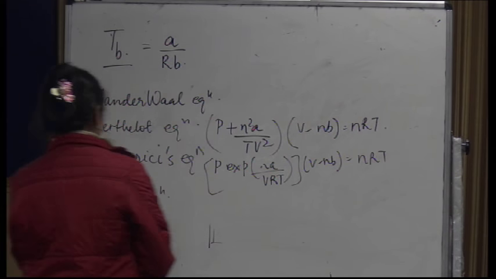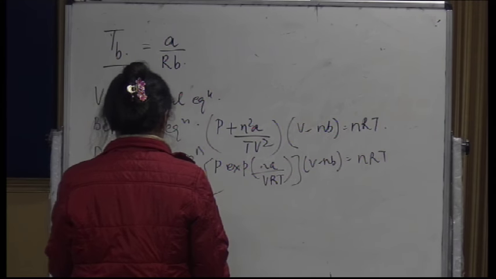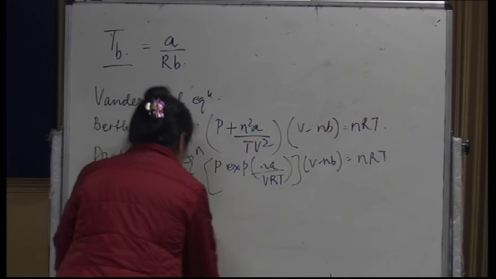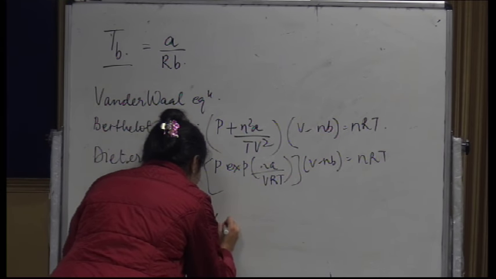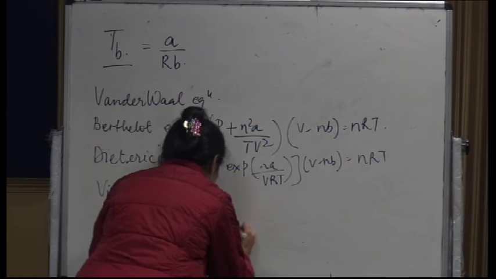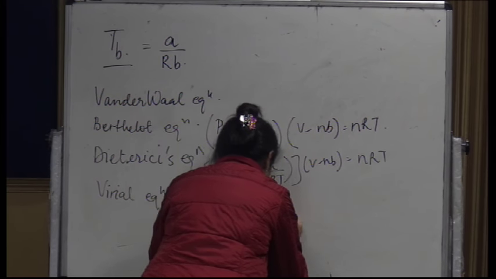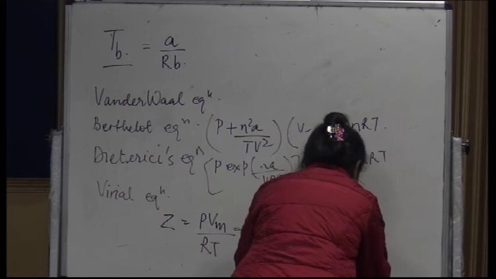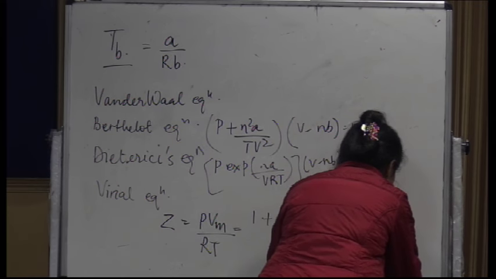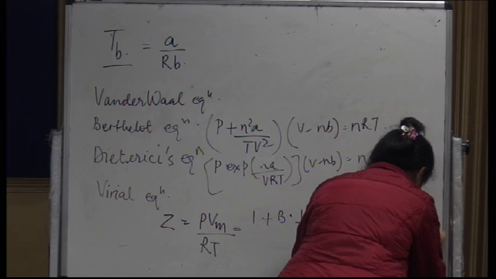Okay. So then last one, which is the virial equation. Virial equation talks about the relationship of Z, which is PVm by RT, that is equal to 1 plus B into 1 by Vm plus C into 1 by Vm square plus D into 1 by Vm cube. Okay.